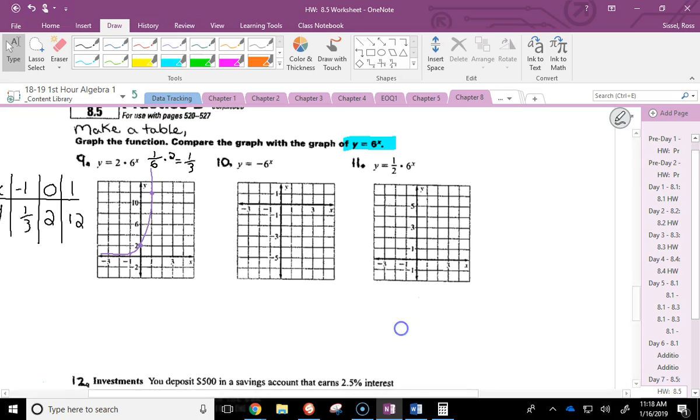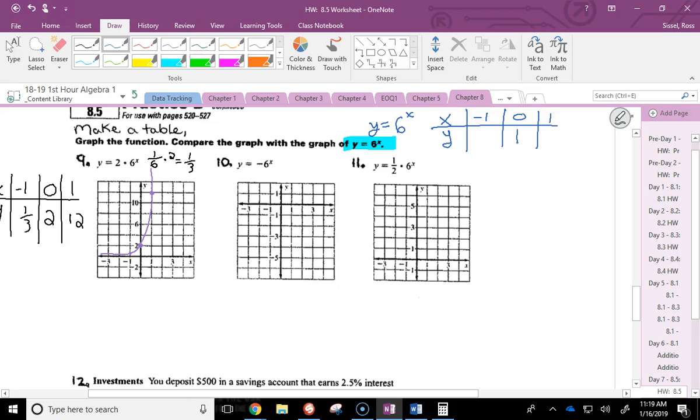It's my parent. So I'm going to kind of cheat over here, and I'm going to say this. Oh, sorry, I'm a bad line. So this is going to be y equals 6 to the x power. I'm going to make that table because I'm going to use it on all 3 of these. So if x is negative 1, 0, 1. When x is 0, 6 to the 0 power is 1.